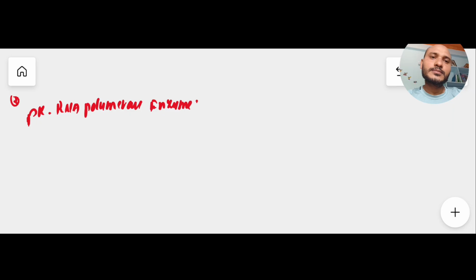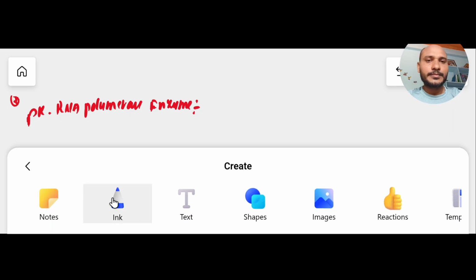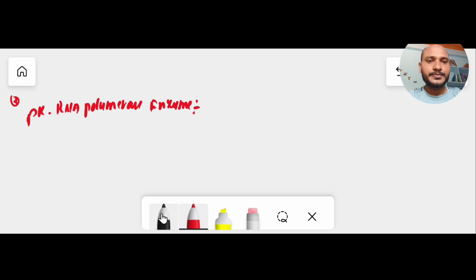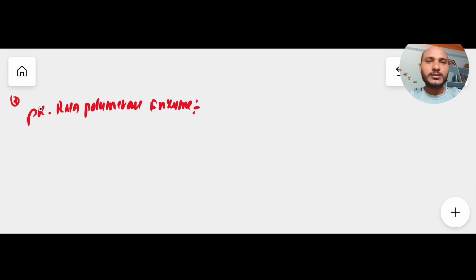Now coming to the next, prokaryotic RNA polymerase enzyme. These enzymes contain two parts: the protein part and the non-protein part.